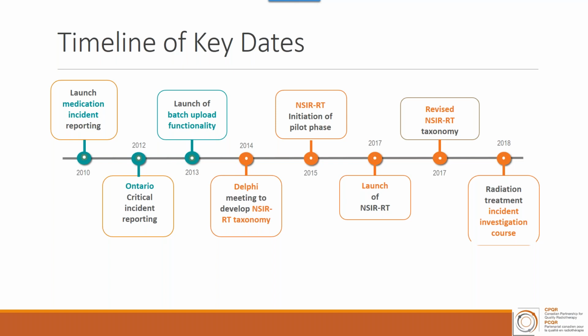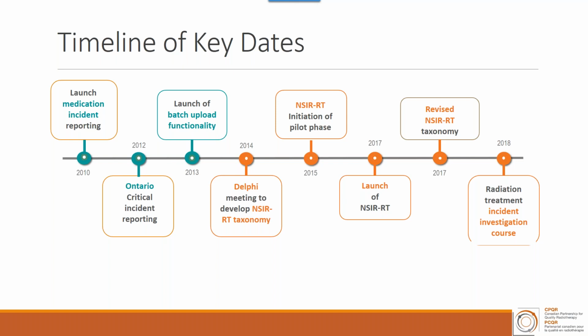Ontario actually decided to pick up ENSER for medications for critical incident reporting, and the Ontario Ministry of Health and Long-Term Care requires hospitals to submit those with severe and death incidents to ENSER. We shortly thereafter developed the ability to batch upload medication incidents.